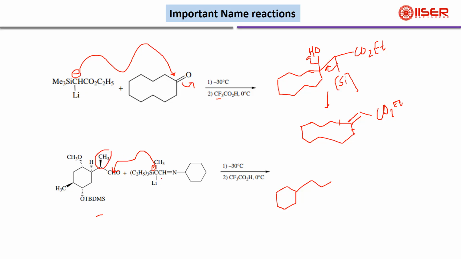So obviously this will come from below the plane. So the O minus, the oxygen, will open up above the plane. So this OH will be above the plane.